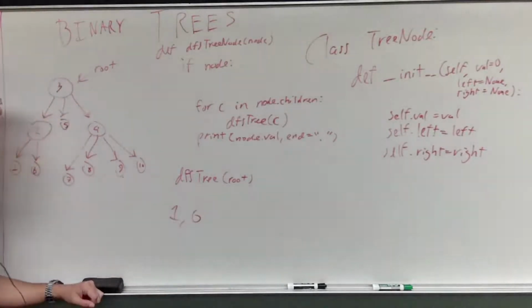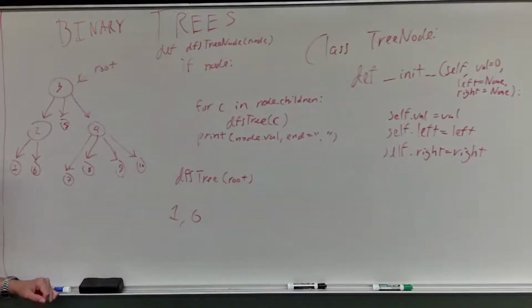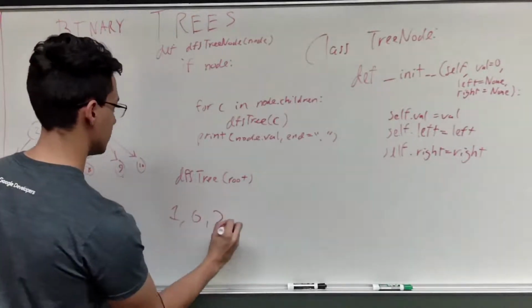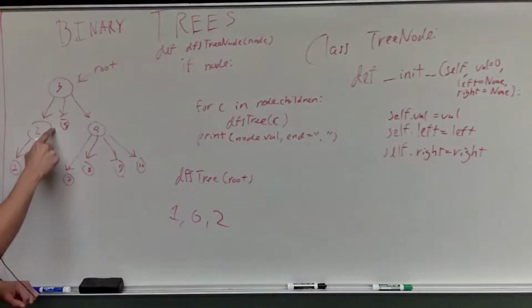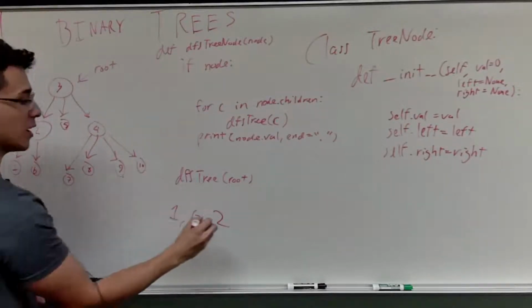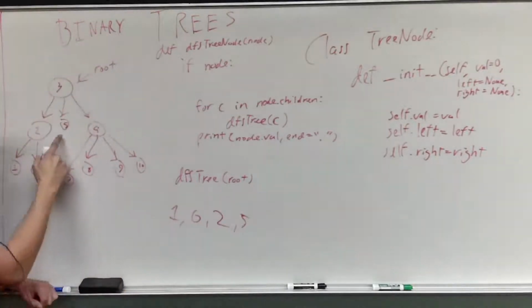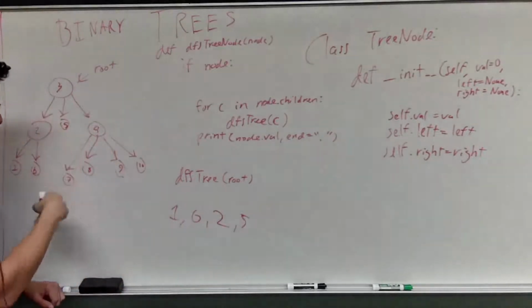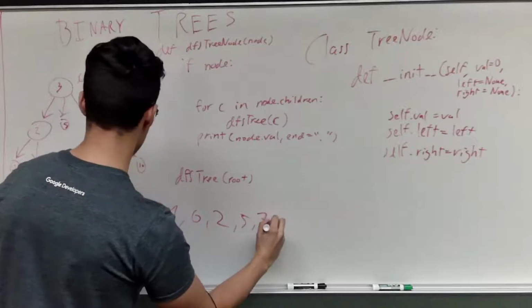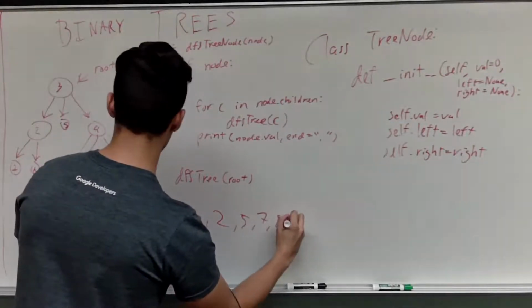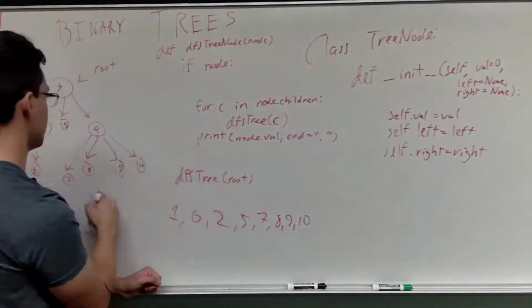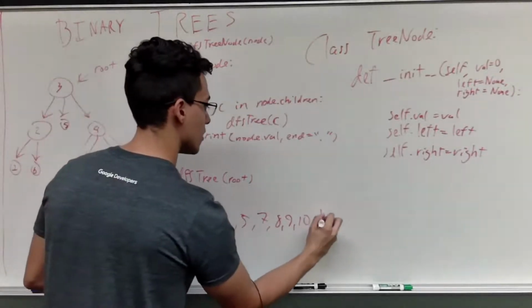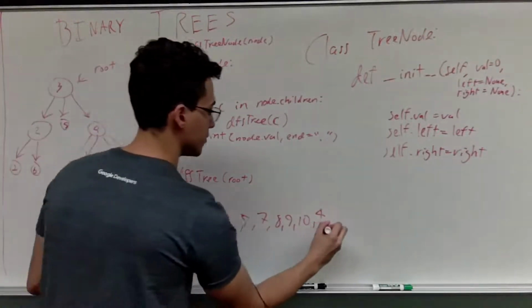Yeah, I know. 2. And yeah, we're assuming that this is to the left of 2. And then 4. No, not 4. 7, right. 8, 9, 10, 4, and then 3.